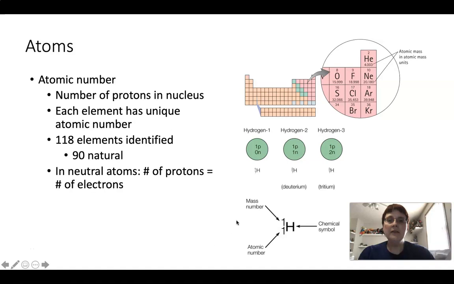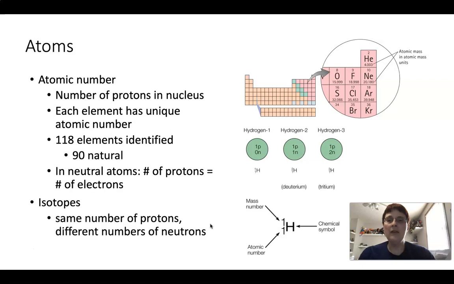There's one other thing to know about atoms related to information that you're going to find here on the periodic table, and that's what we call isotopes. Isotopes are atoms that have the same number of protons, but they have different numbers of neutrons. So if we take a look here, we've got 3 different atoms of hydrogen.